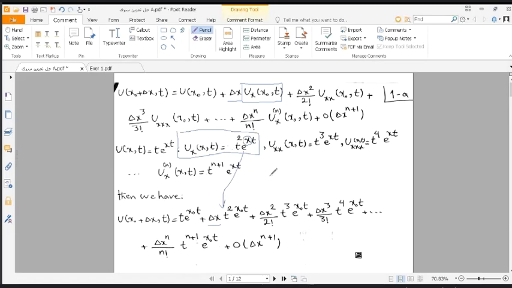For the third expression, we have delta x squared over 2 factorial uxx at x0 and t.